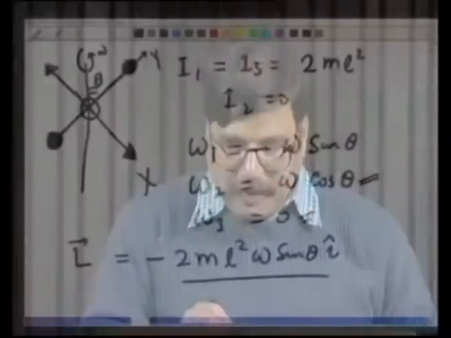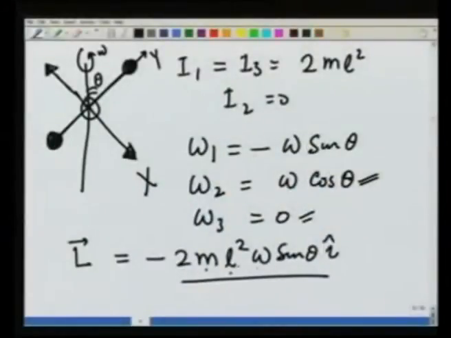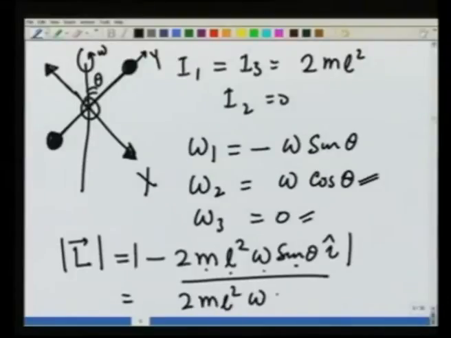Now, you see, the mass, length, omega and sine theta are constants. So, the magnitude of angular momentum is 2mL squared omega sine theta, and the magnitude remains constant. So, the only change in L occurs because it is rotating about an axis.